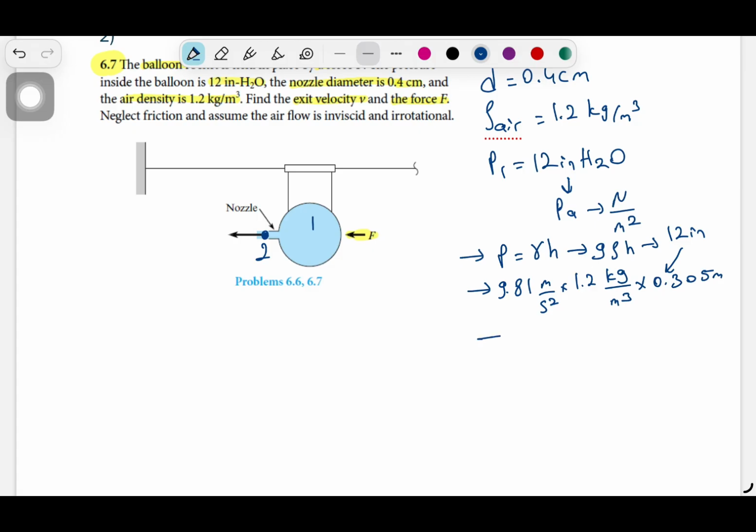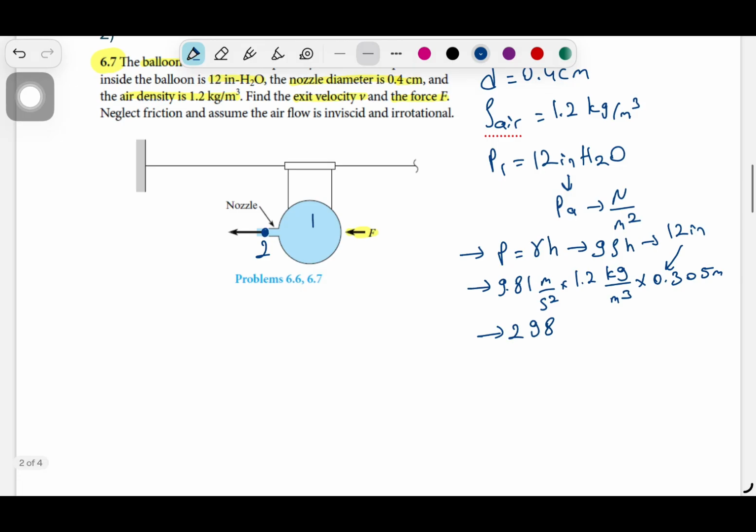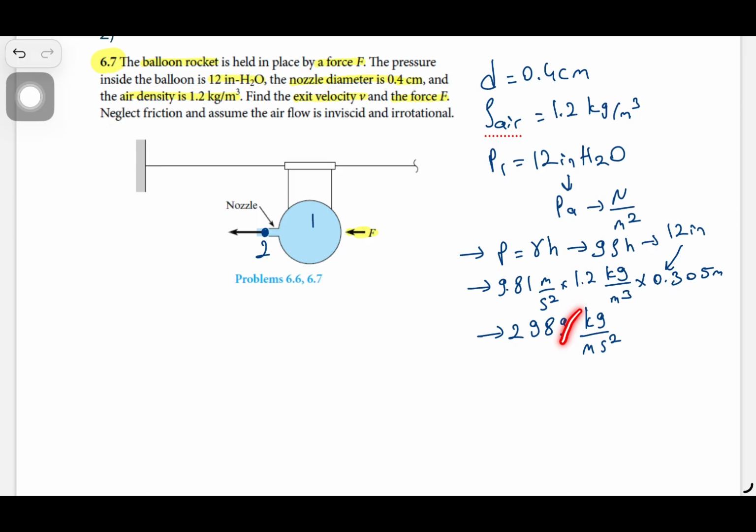And eventually this is going to give almost 30,000 pascals, or kilogram per meter square second. And this is another form to express pressure.